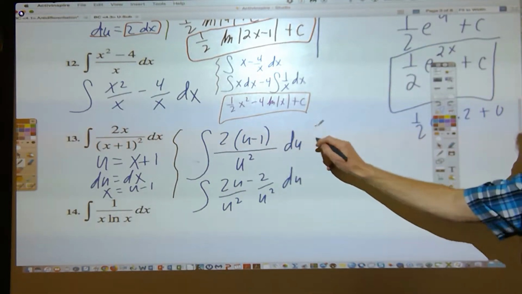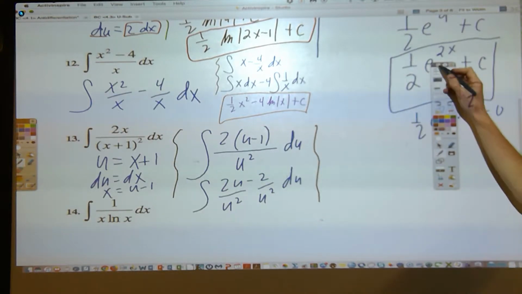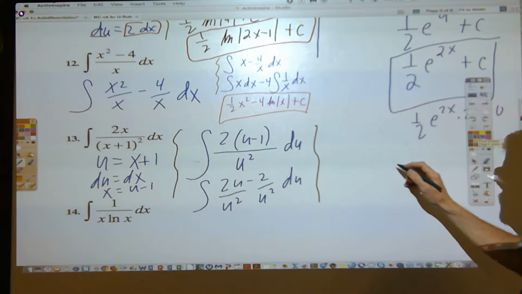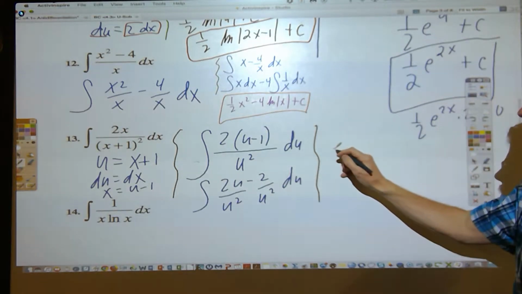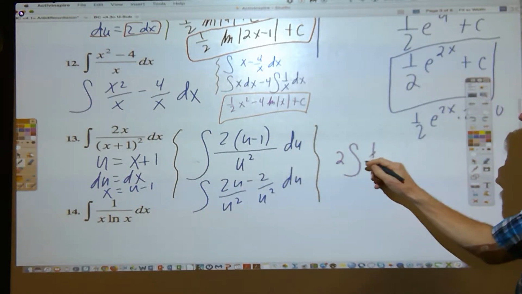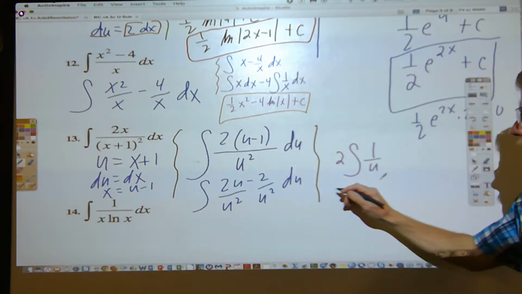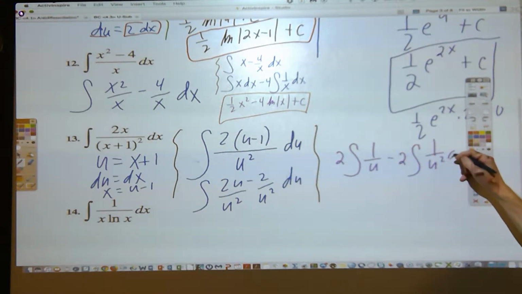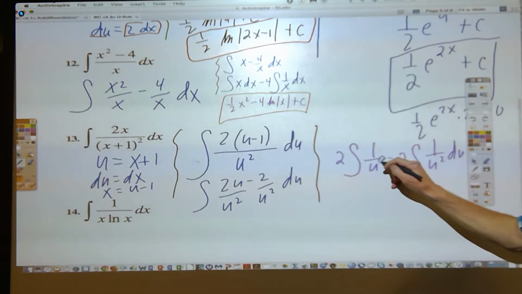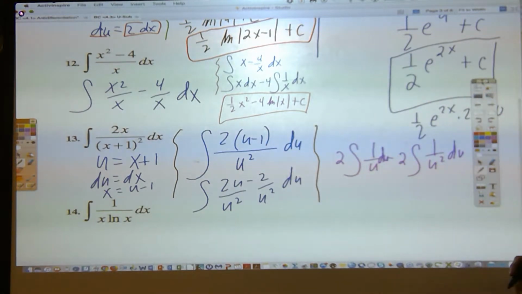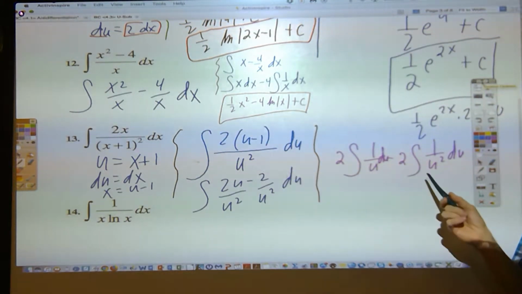Because upon distribution, we have the antiderivative of a difference, which is the difference of the antiderivatives. I hope you see this going 2 times the antiderivative of, doesn't this collapse to 1 over u? Minus 2 times the antiderivative of 1 over u squared. Before I go any further, oops, I forgot my du right here, that's required. Any questions on how I was able to make it this far?